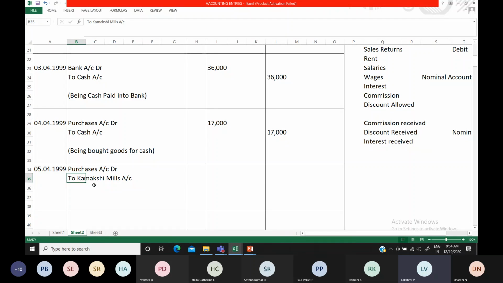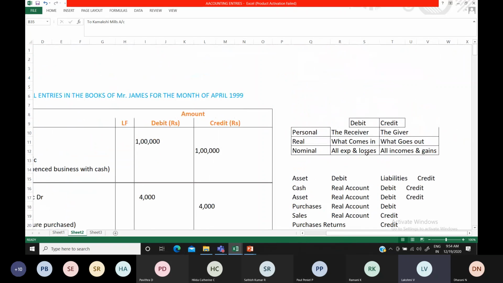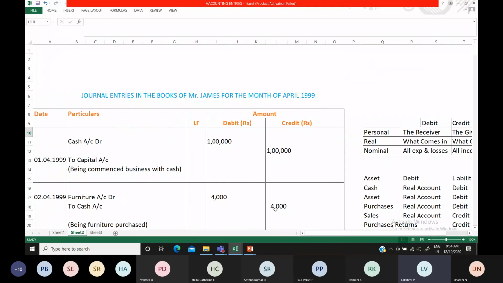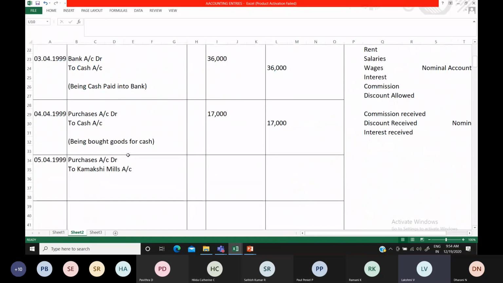Personal account rule, what is the rule? Debit the receiver, credit the giver. Now Kamakshi Mills is giving to us. He is the giver here. So we are crediting the Kamakshi Mills account. You have to write a narration for this: being goods purchased from Kamakshi Mills.